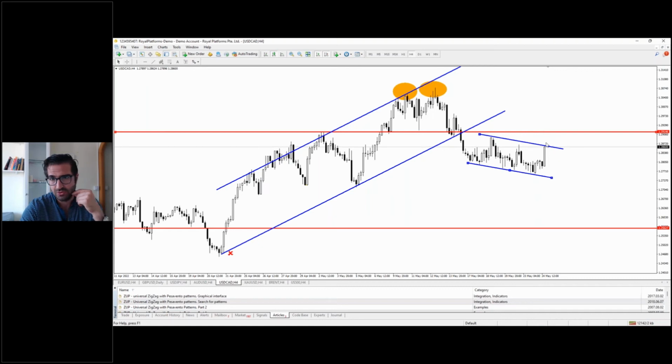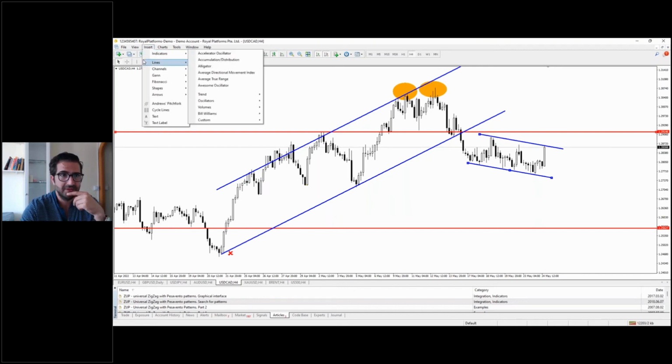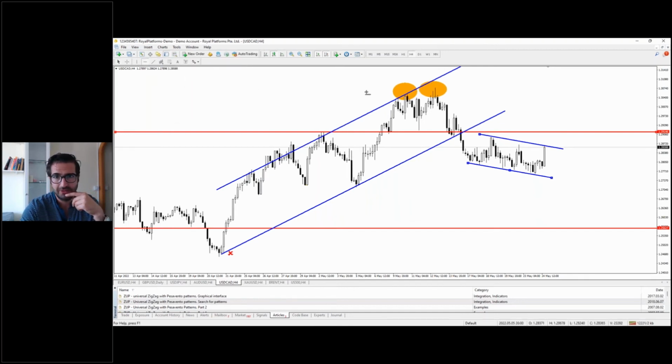But to consider a buy position, first we need to wait until this channel is broken to the upside. Next, we would also like to see the price above 1.2914, and then we might see USD CAD go all the way up to this previous swing high, the double top.